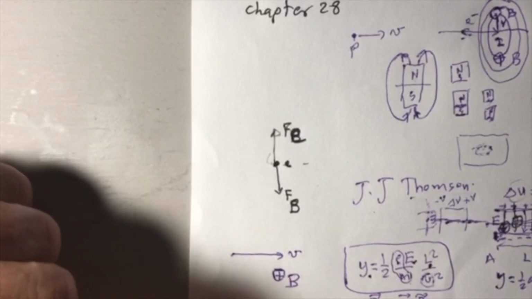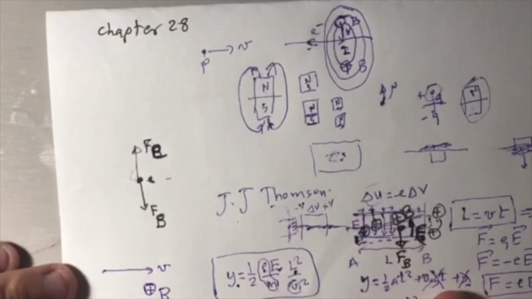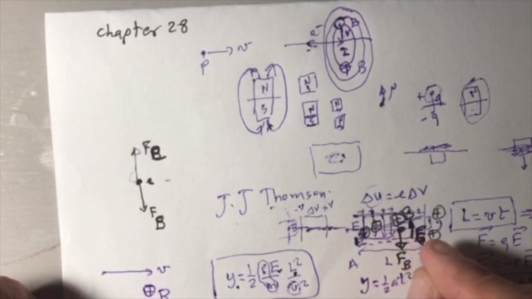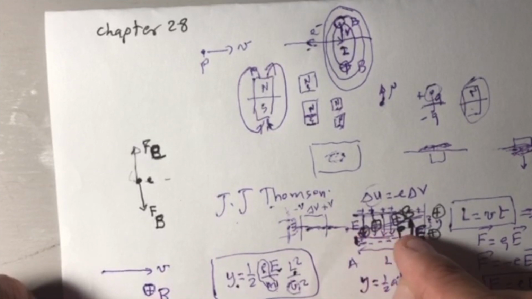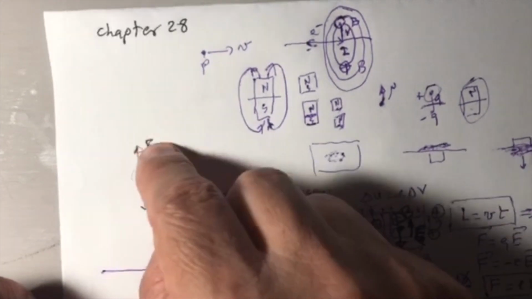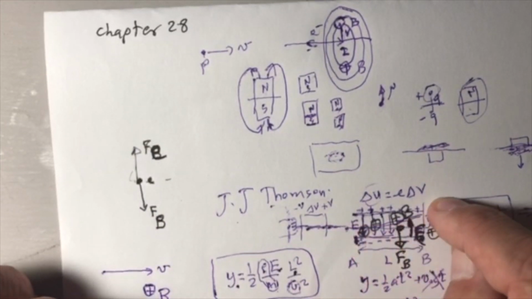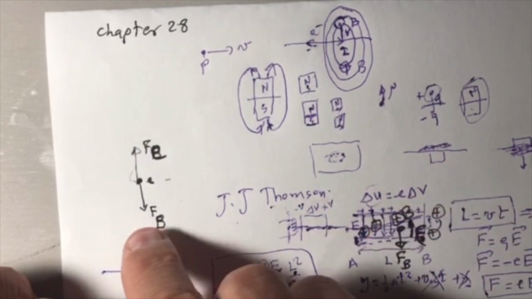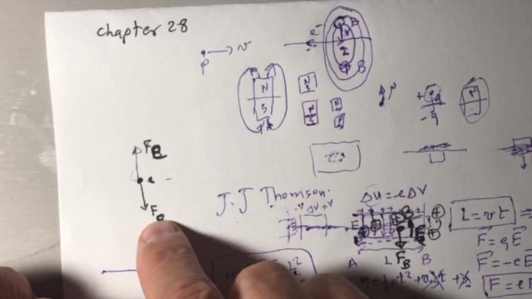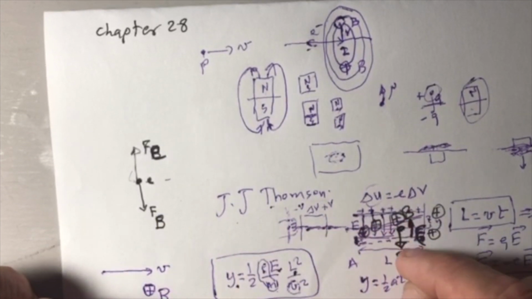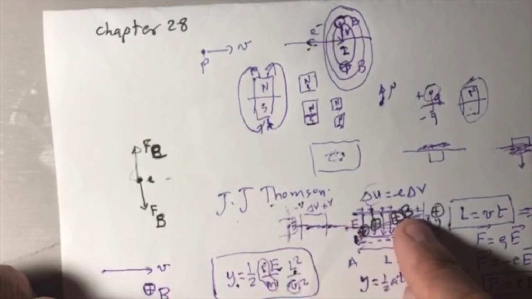Now, what J.J. Thomson did, he tuned the B field so that this force is equal to that force. So the electron is supposed to go up because of the electric field. But the magnetic force is going to pull the electron down. So you have these two forces competing for the electron.